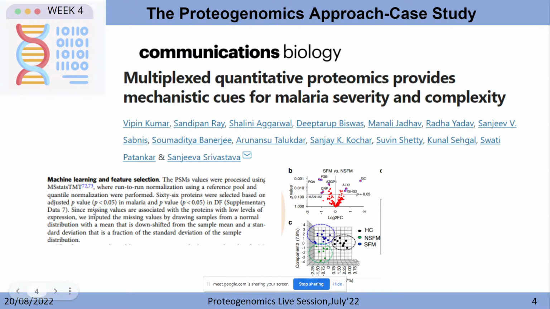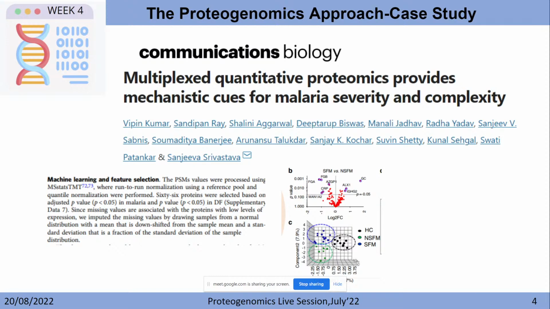Since there are missing values associated with mass spectrometry data, because of various technical complexities, one peptide gets identified in one sample and the same peptide doesn't get identified in another sample, or there is a difference in the intensity level, and there is also the limit of detection and limit of quantification, so those are detected but don't get quantified in the mass spec, and the software cannot quantify those.